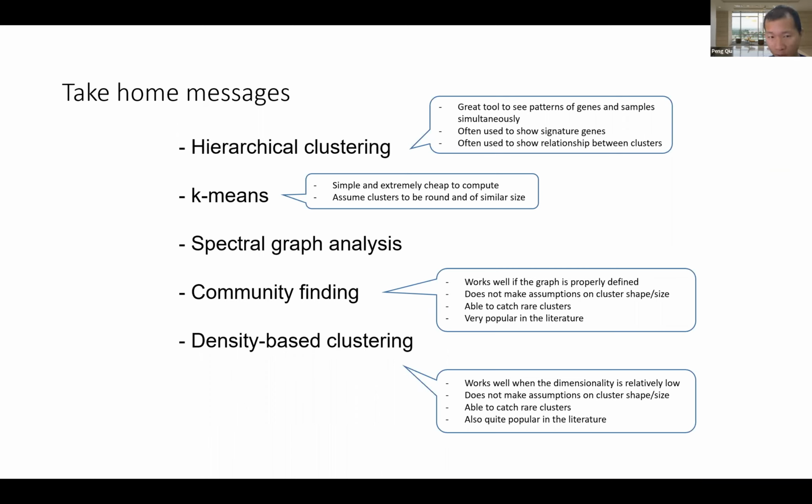For example, if we are looking at a bulk RNA-seq data set of cancer patients, and we try to cluster the patients into different patient clusters, then these different patient clusters may have different survival outcomes. They may respond to different drugs in different ways.